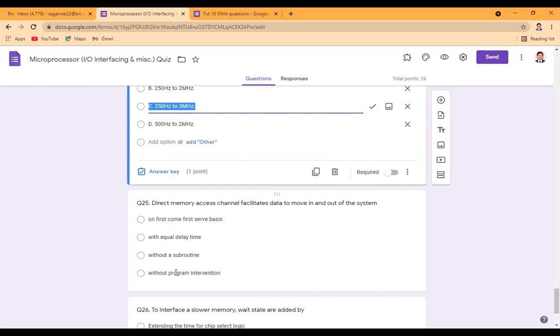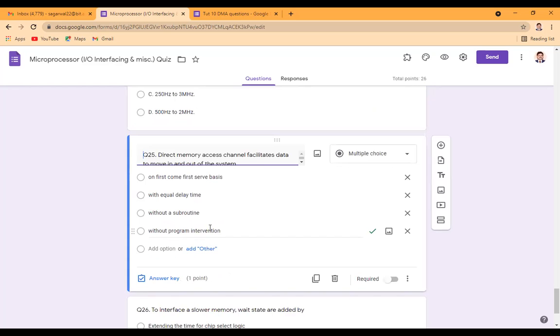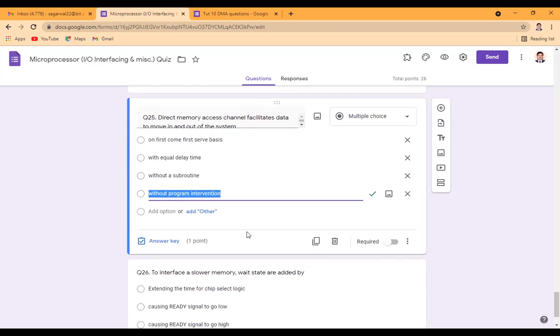Naturally, it is without a program intervention, because whenever we do any direct memory access data transfer, the DMA channel facilitates the data to move from one place to another place, and there is no intervention of the program. So D is the correct answer.